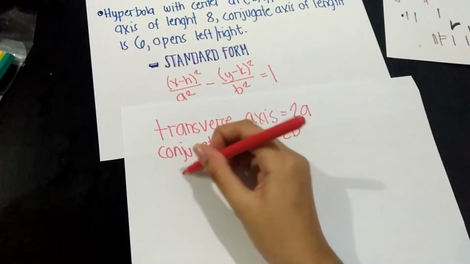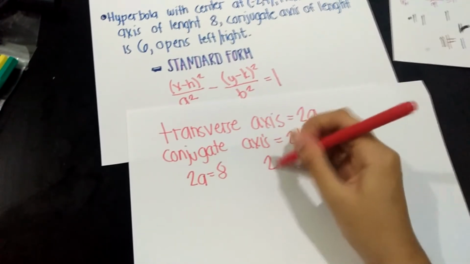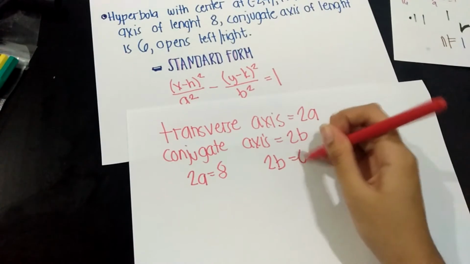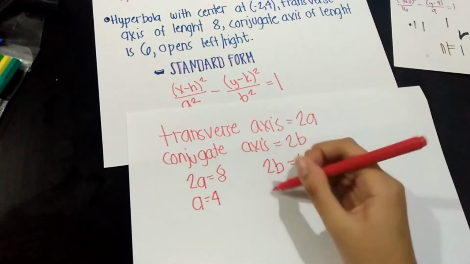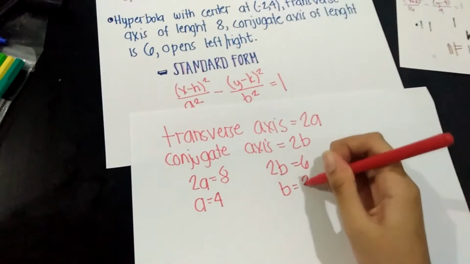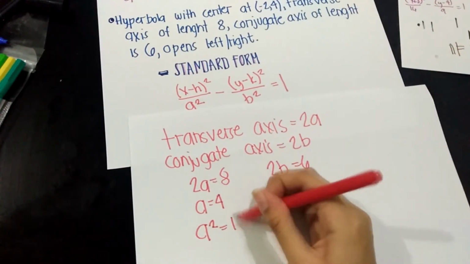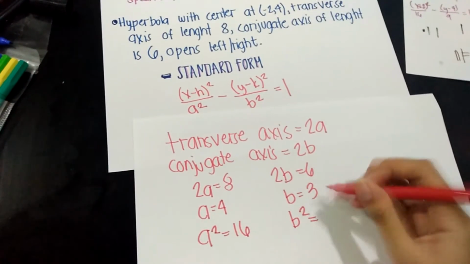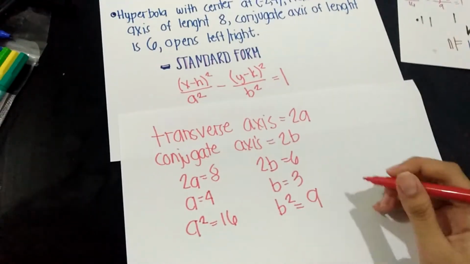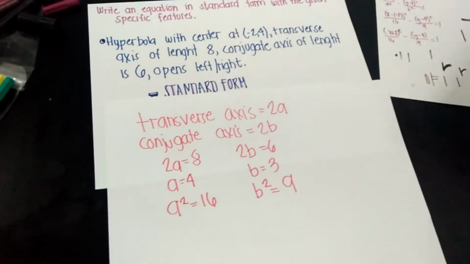In order for us to find a squared in the formula, you have to divide the transverse axis, or 2a, which is 8, by 2. So 8 divided by 2 becomes 4. And the conjugate axis, or 2b, which is 6, divided by 2 becomes 3. 4 is your a and 3 is your b.